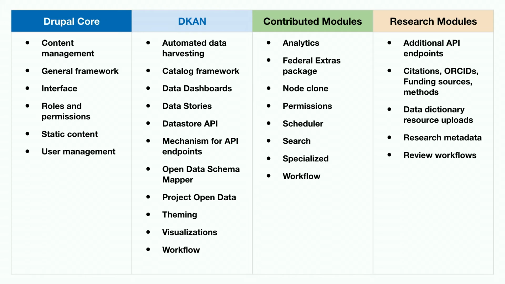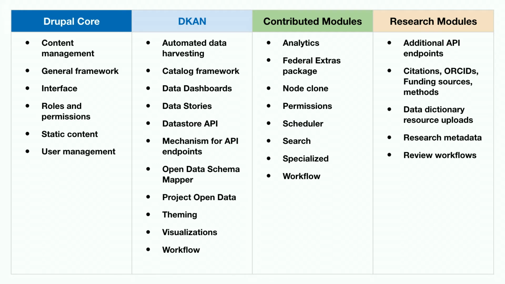The architecture of DKAN is well supported to be extended into different use cases. We're talking about science today, which is the space that we are presenting in. But as you can see, it's very similar to other Drupal-based systems. We've got Drupal core, which extends to the framework. We've got DKAN itself, which provides a core set of features that are also extensible inside of its framework.